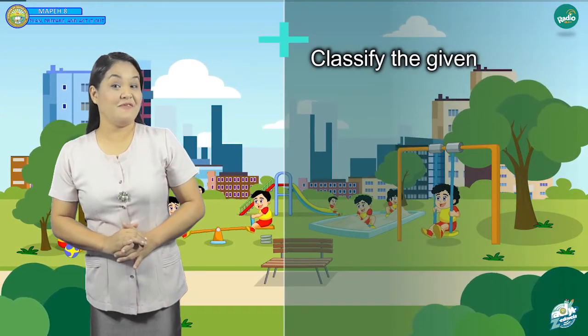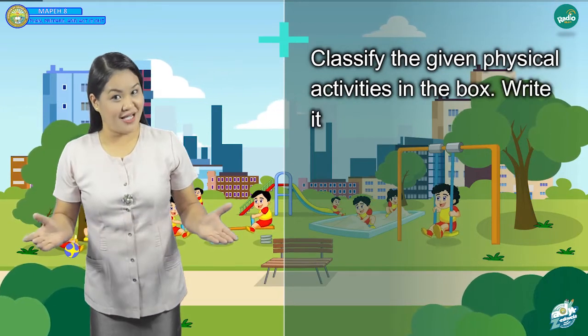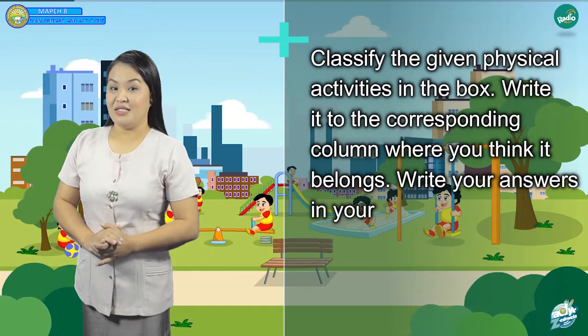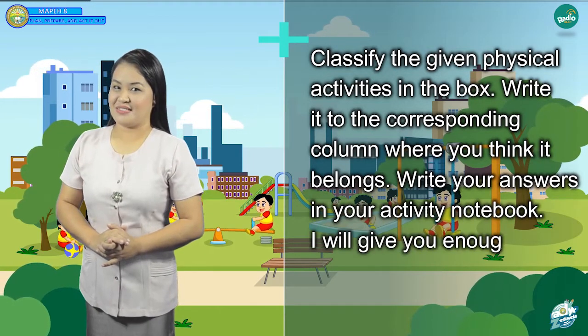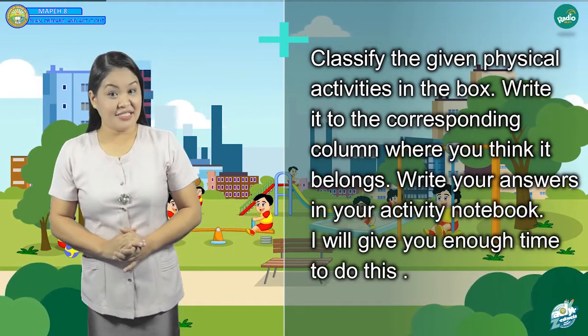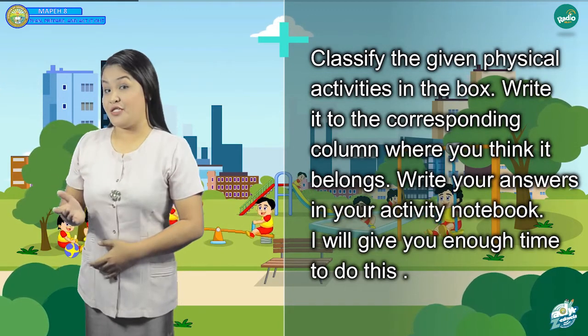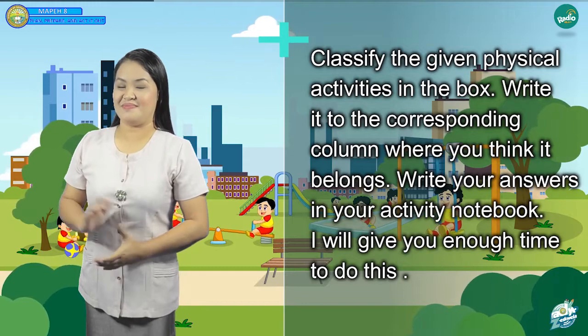Classify the given physical activities in the box. Write it to the corresponding column where you think it belongs. Write your answers in your activity notebook. I will give you enough time to do this.